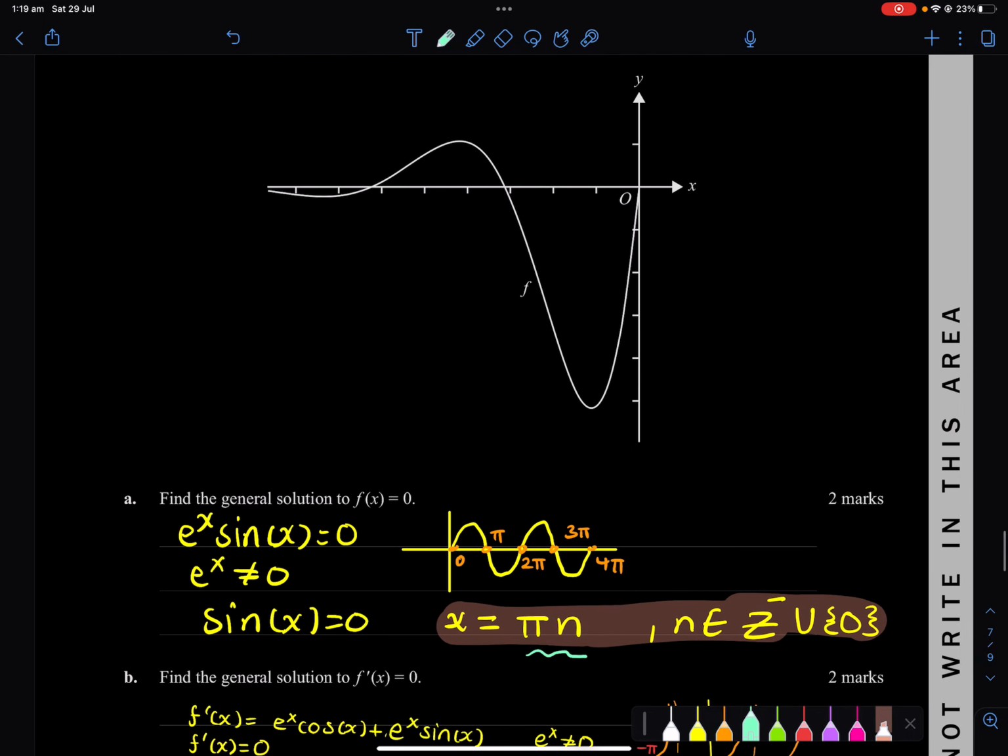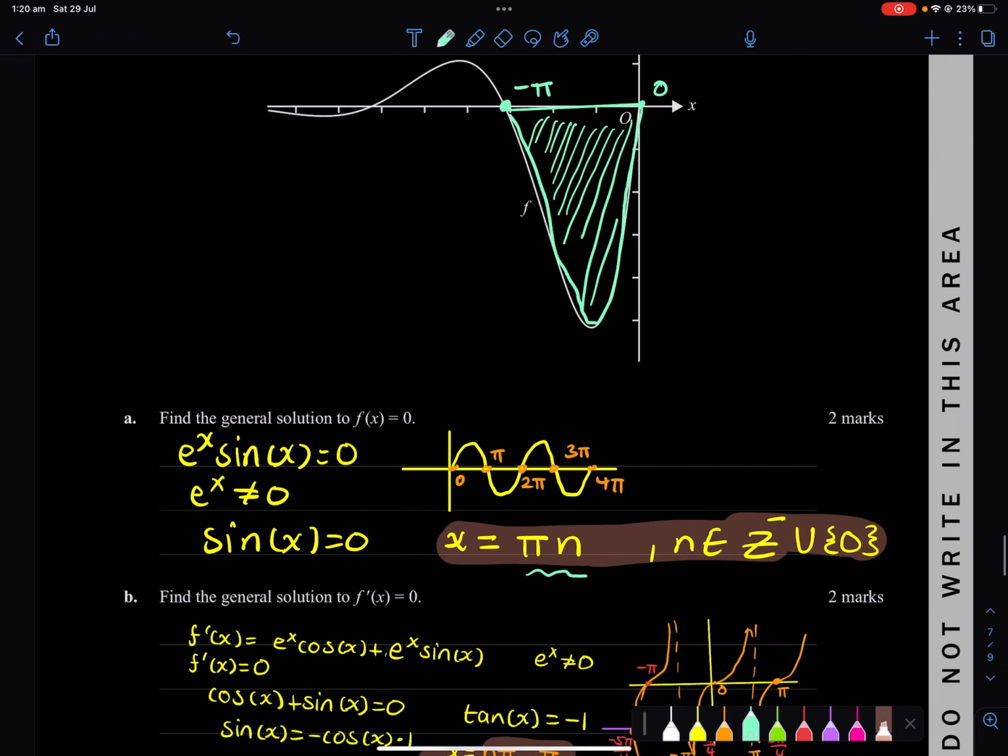So this value right over here should be negative pi. And we want to find an area from negative pi to 0, which would be this area right over here.